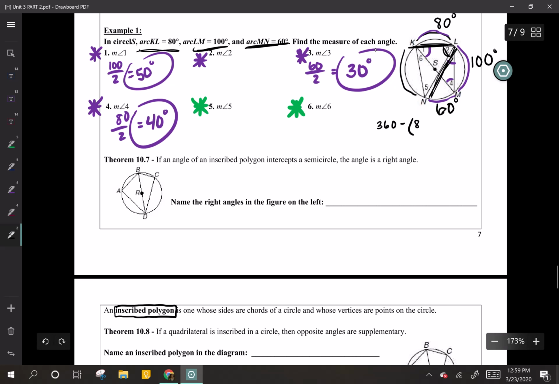So that's 80 plus 100 plus 60, which is 360 minus 240, which gives us the final measurement of 120 for arc KN. Now that we know KN is 120, to get angle 2, I just use the inscribed angle theorem, and we get 60.